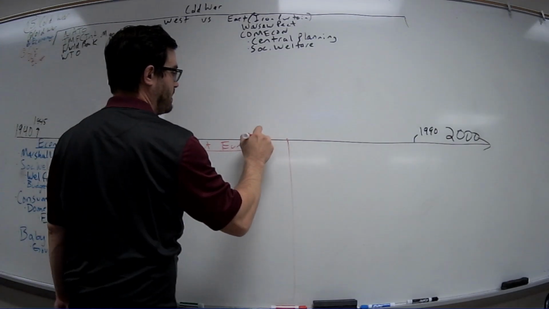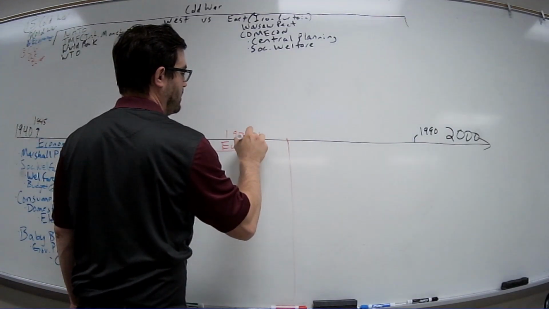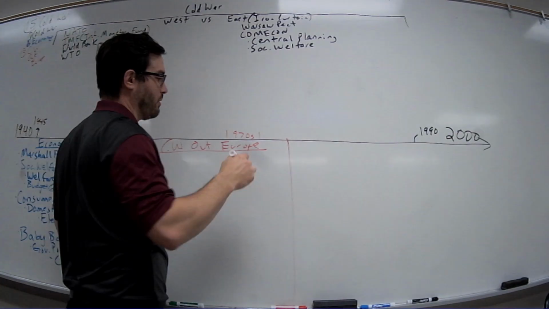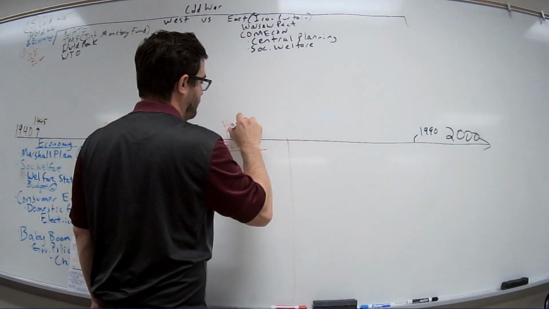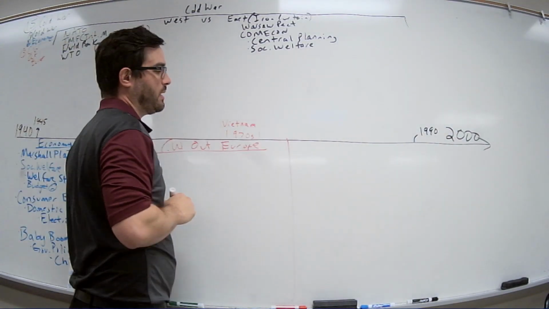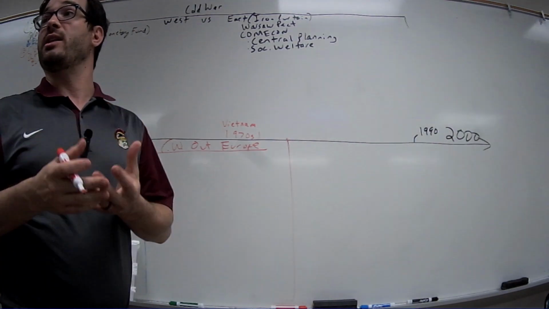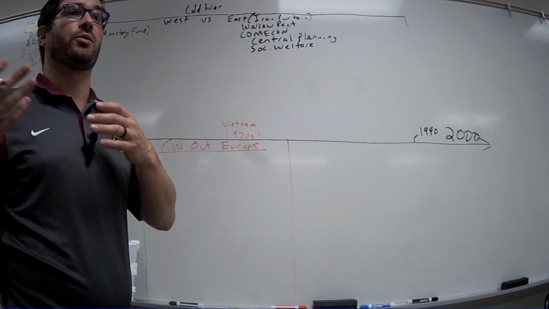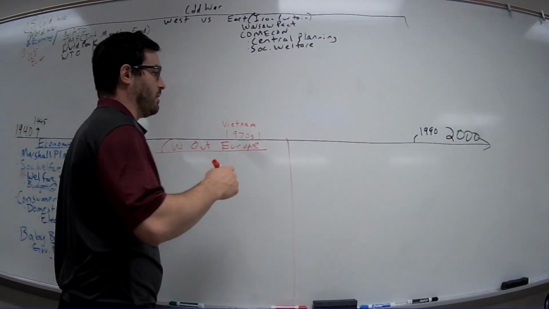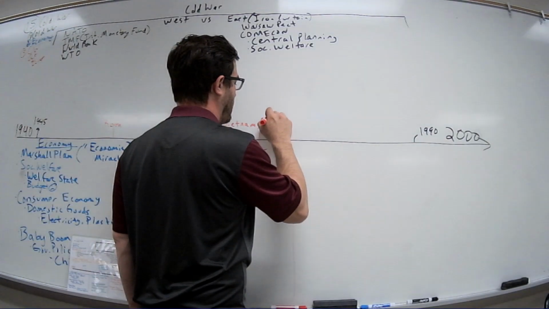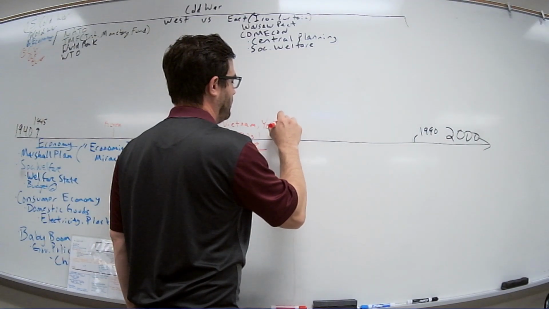And then in the 1970s, write these small because we're going to write three of them. What are the big battlegrounds? Vietnam. That's the obvious one, but the other two they might ask about. There's a war around Israel, right, where America supports Israel, the Soviet Union supports the surrounding states. It's called the Yom Kippur War.